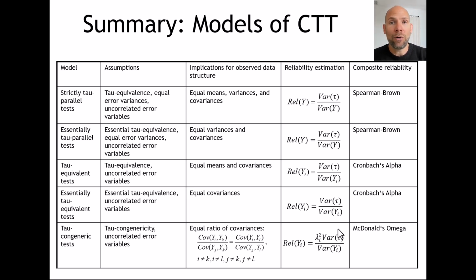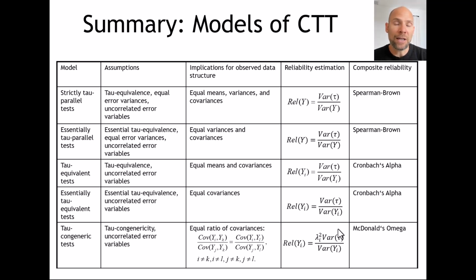I have a whole set of videos on this channel as well on composite reliability if you're more interested in that in detail. I show some issues and I explain composite reliability in more detail, so feel free to check that out as well. Here I only want to mention that with essentially and strictly tau parallel tests, you can use the Spearman-Brown formula to calculate composite reliability easily. So the reliability of the sum of the 2 tests, for example, or the sum of the however many parallel tests that you are looking at.